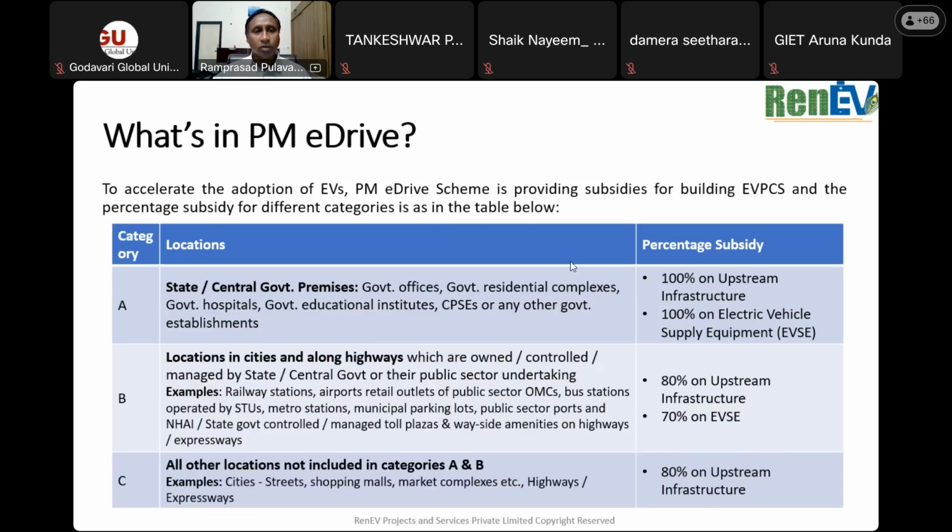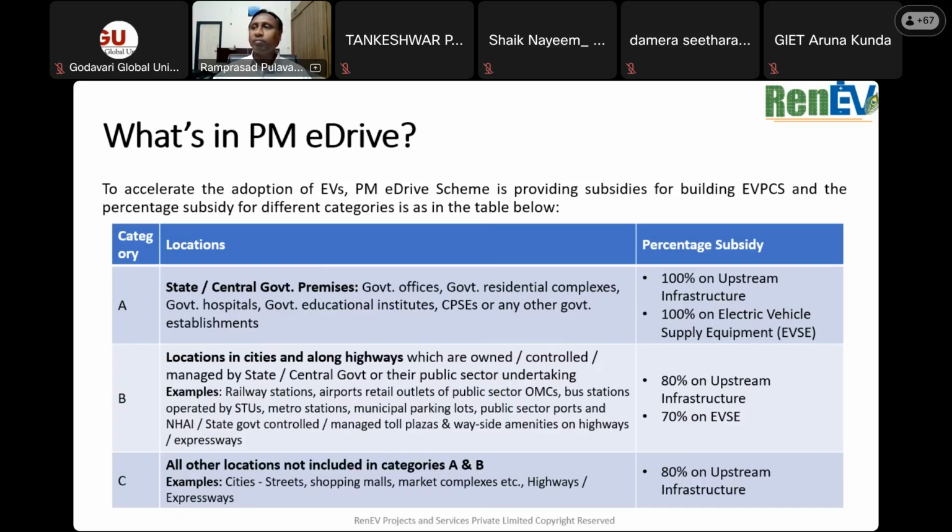If I want to install a charging station inside a state government or a central government facility, Government of India is proposing to give 100% subsidy on upstream charging infrastructure and 100% subsidy on electric vehicle supply equipment. When we say electric vehicle supply equipment, it means electric vehicle chargers.